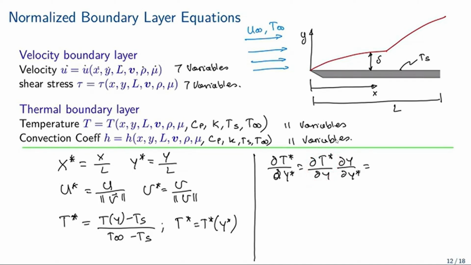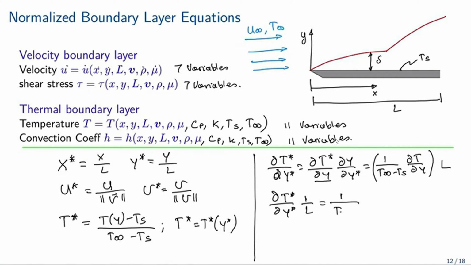The derivative of T star with respect to y: since this term is constant, the derivative equals 1 divided by T infinity minus Ts multiplied by dT by dy. Now y star is y divided by L, so dy by dy star is multiplied by L.